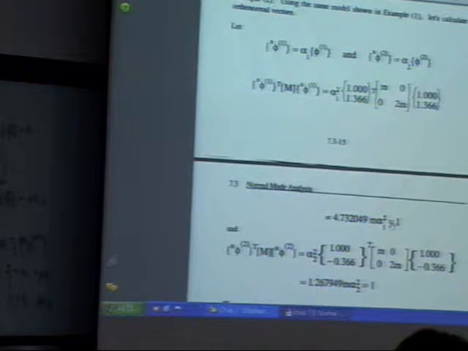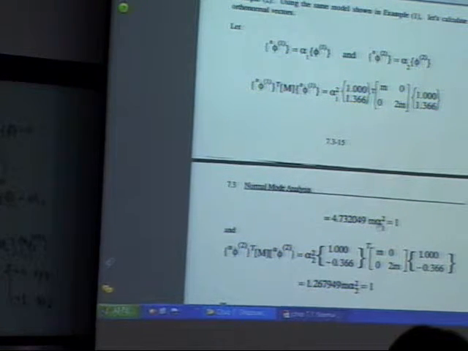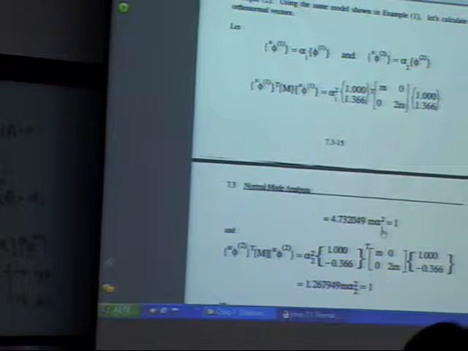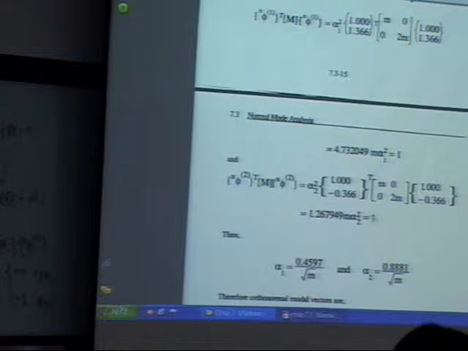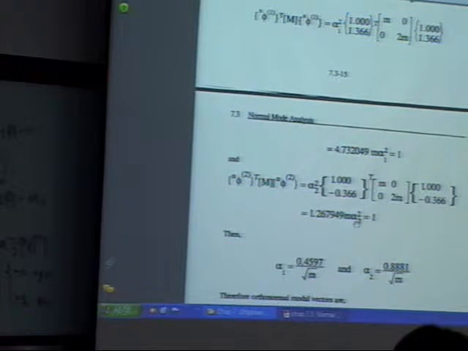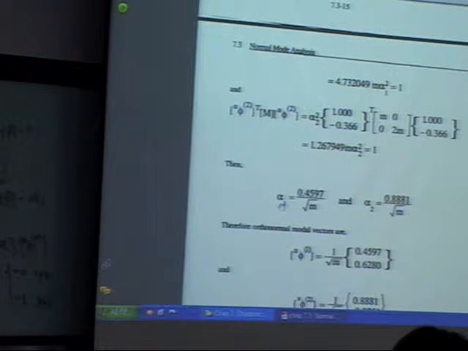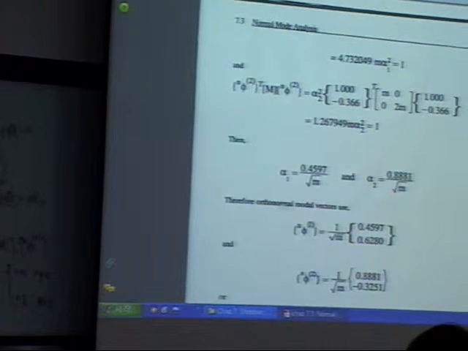Then this is equal to 1, so you can determine the alpha 1. And alpha 2 you do the same way. Then you have that equation, you can determine alpha 2, so alpha 1, alpha 2. Then you can find the orthonormal eigenvectors or modal vectors.